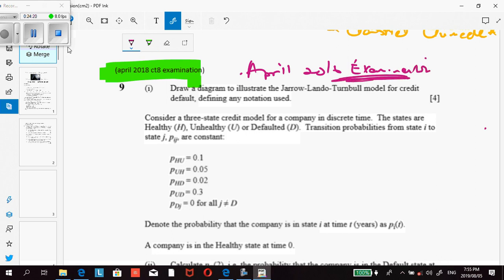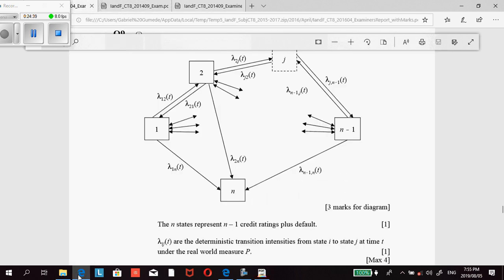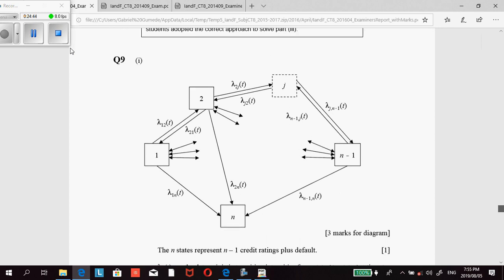So, sorry for this. Now, the first part of the question says, draw a diagram to illustrate the Jarrow-Turnbull model for credit default, defining any notation. Now, this is the bookwork, which you must remember in your examination.